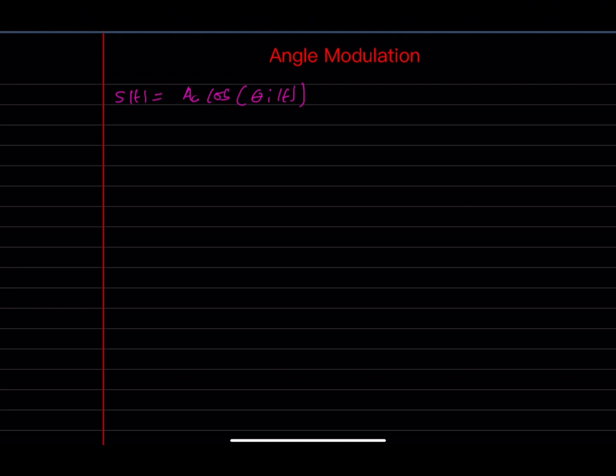So let's break down the various parameters that you can see here. The Ac is the amplitude of the modulated wave. The theta i of t is the angle of the modulated wave.